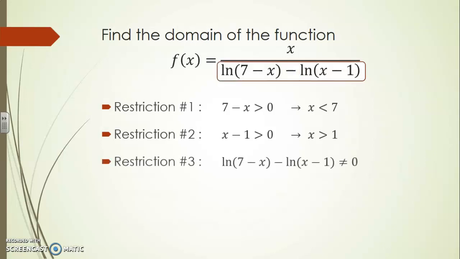And finally, we don't want the divider in its entirety to be 0. We don't want a division by 0. So the difference between ln of 7 minus x and ln of x minus 1 must not be 0. Ln of 7 minus x, therefore, must not be equal to ln of x minus 1.